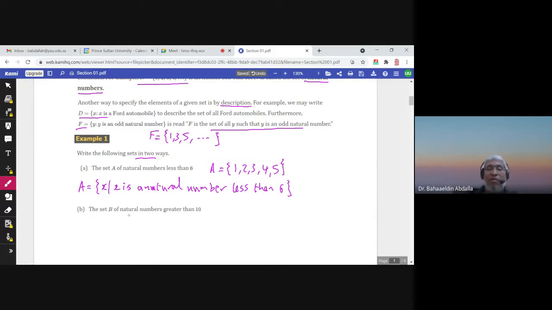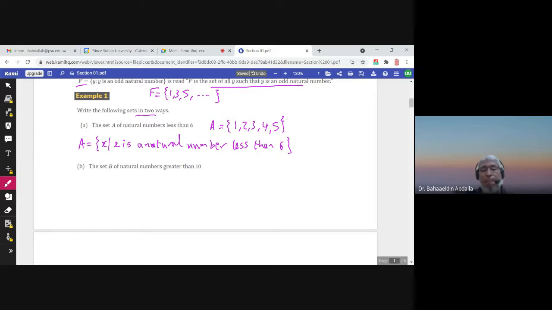The set B of natural numbers greater than 10. We can list the elements inside B: natural numbers greater than 10 start with 11, 12, 13, and so on. Or by describing, you can say B consists of all elements X such that X is a natural number, so X belongs to N, the natural numbers, and X is greater than 10.